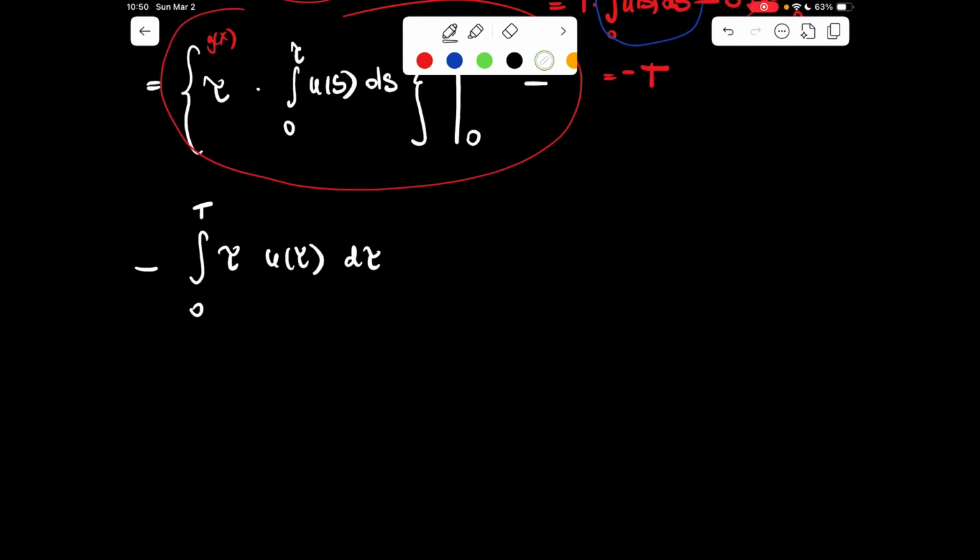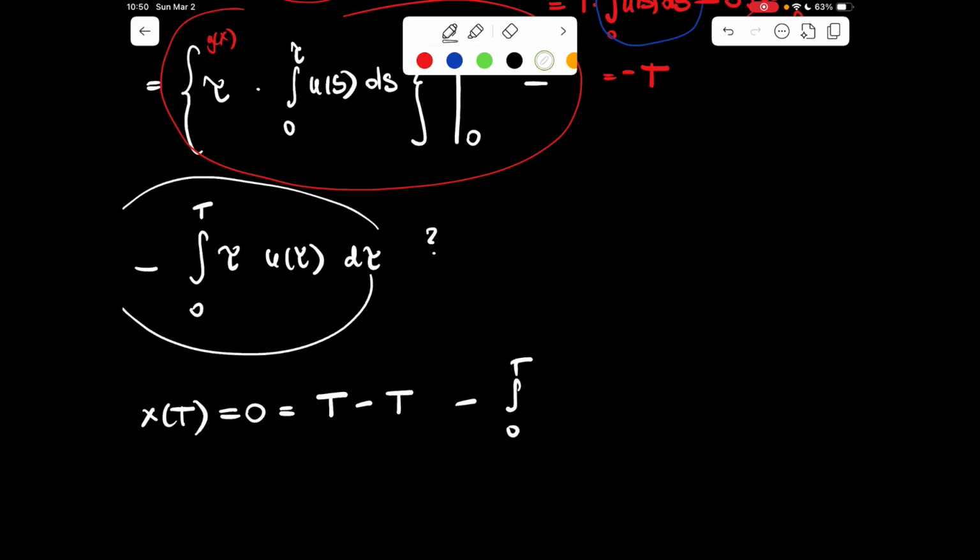On this basis, we have the following. So we know that the velocity function at t must be 0, and on the basis of the integral we have just completed, this is t minus t minus this integral, and this is 0.